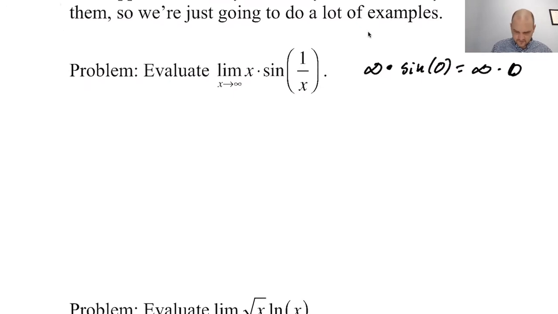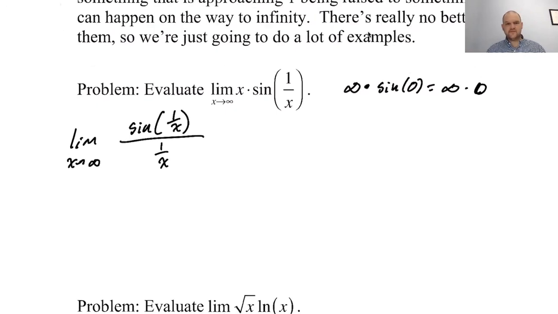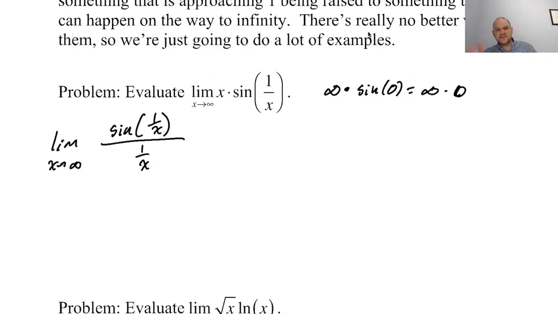So the limit as x approaches infinity of sine of 1 over x over 1 over x. How is that equivalent? Because a over 1 over x is just x times a. In this case, a is sine of 1 over x. So simplified algebraically, you go back to the original.